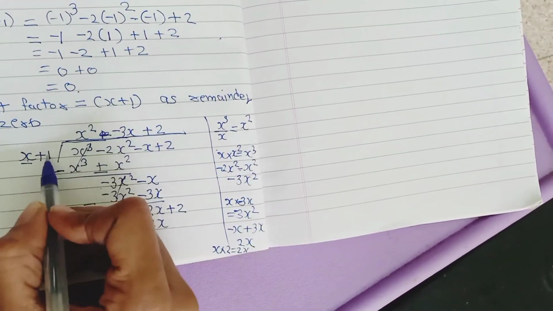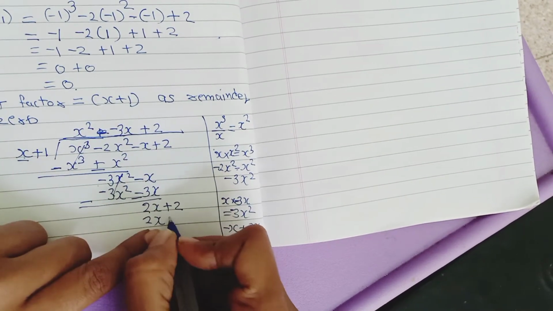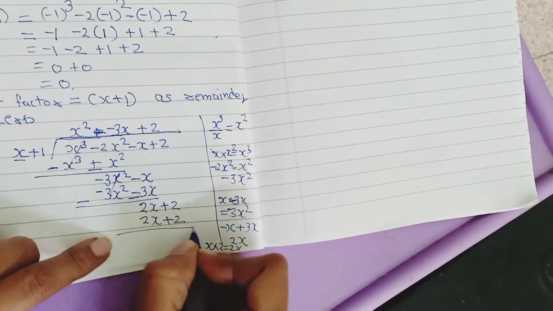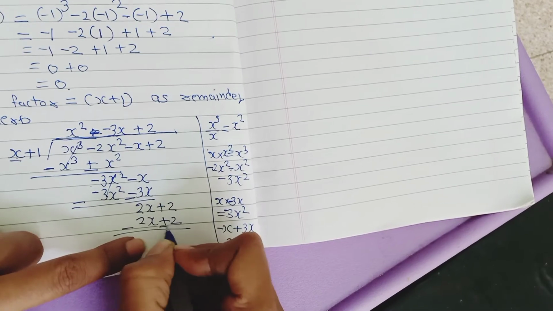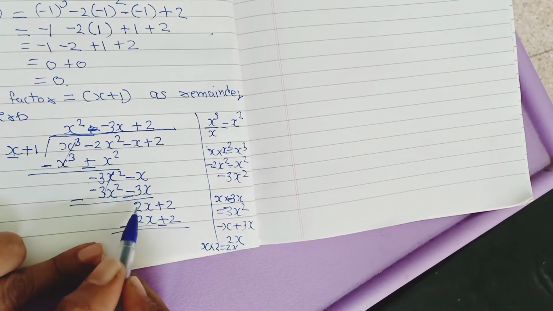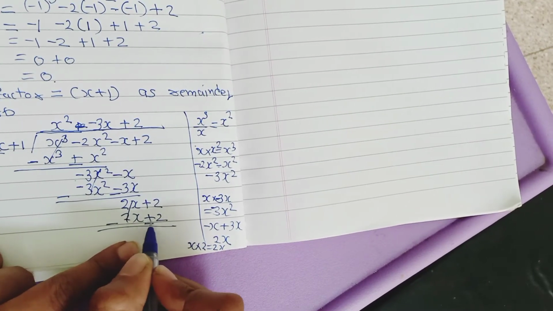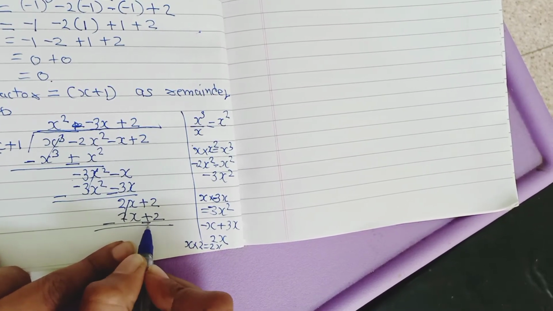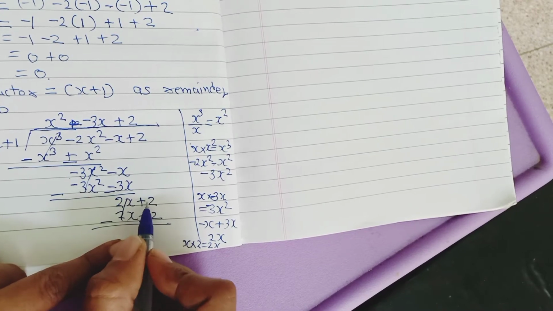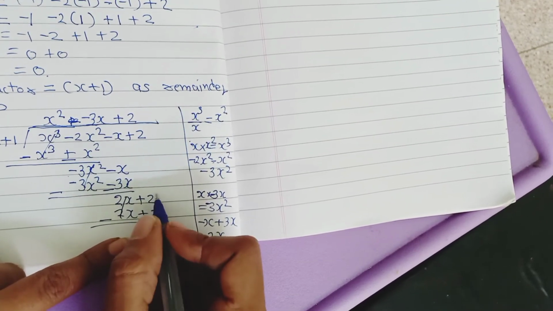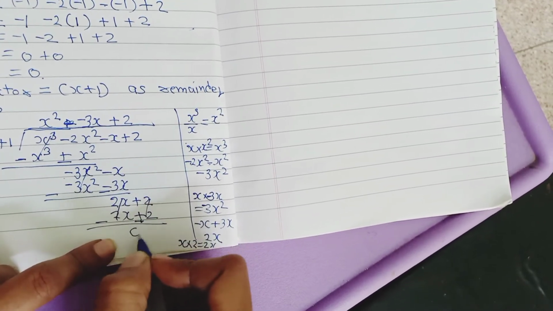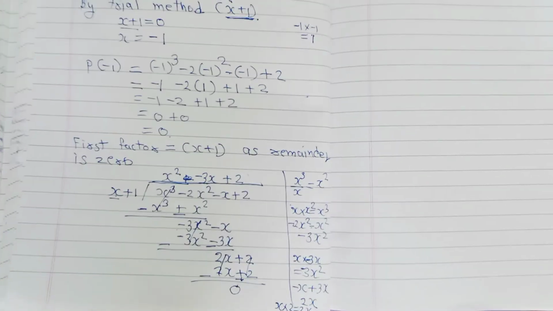Now what? 2 multiplied by 1 is 2. So 2. Now we have to subtract here. So negative sign. Now see, negative and positive, so this will be cancelled. And negative 2 and positive 2 also will be cancelled out. So what is our answer now? It is 0.